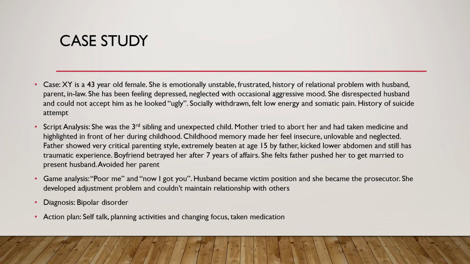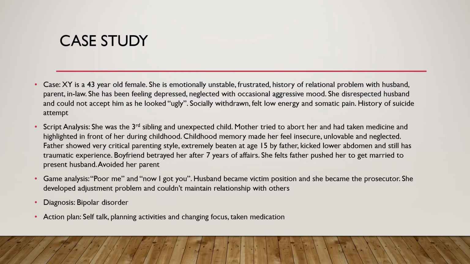Using the script analysis for this case study, it was found that she was the third sibling and also an unexpected child. Her mother tried to abort her and had taken medicine and highlighted it in front of her during childhood.